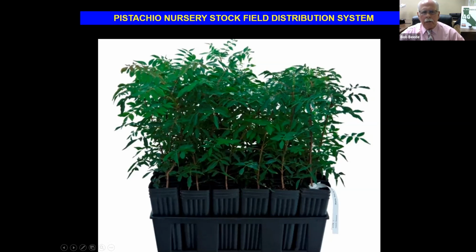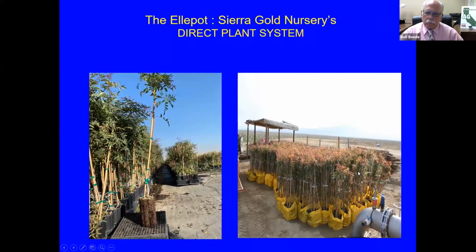We all understand and agree that pistachios are pretty tough, but there is a limit, and the more careful you handle these plants, the more readily they become established, and the more uniform they're going to grow, so that you can achieve a 95% or greater bud take in mid-July.